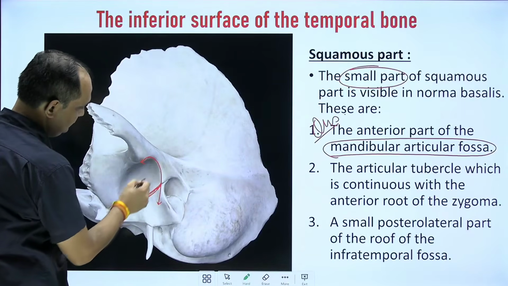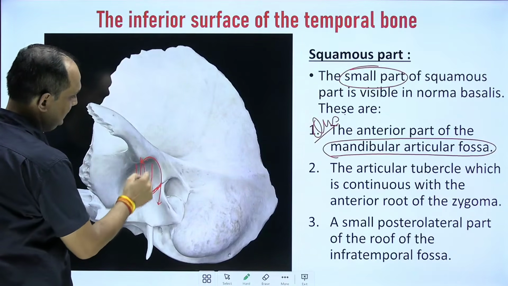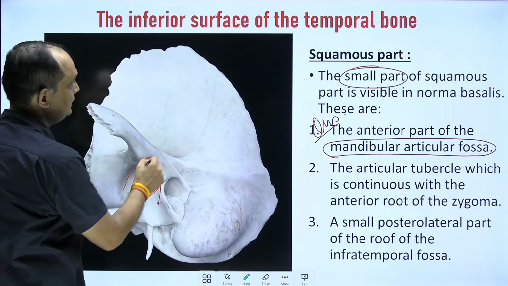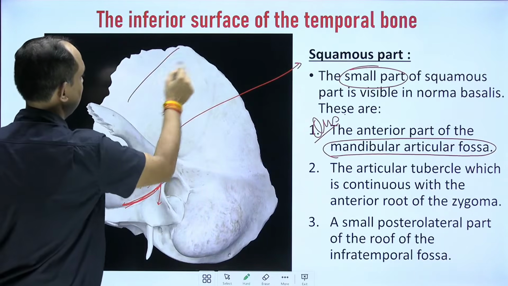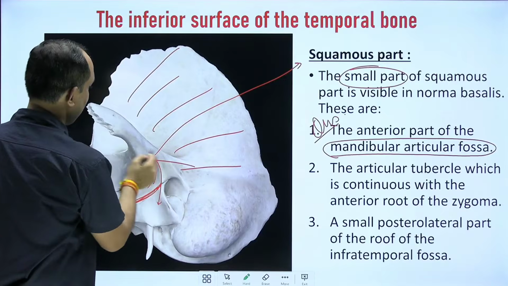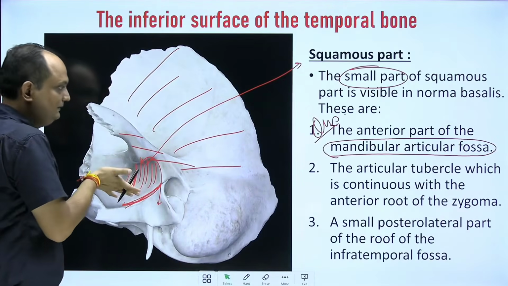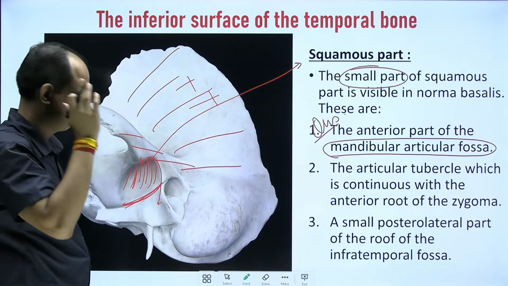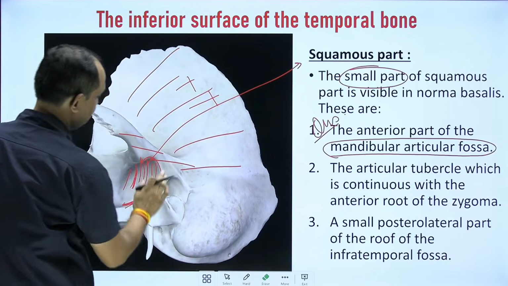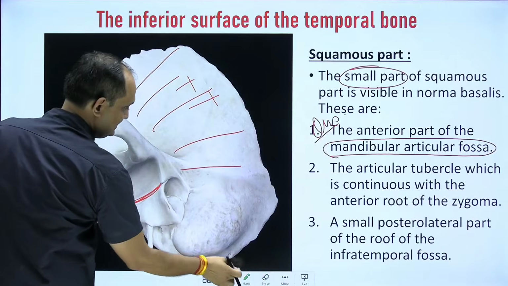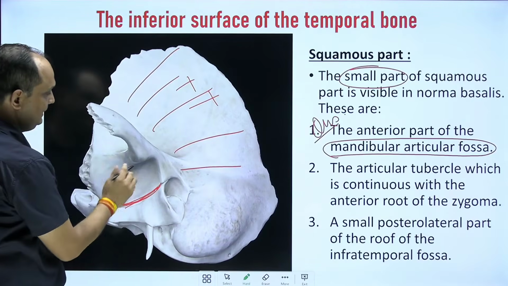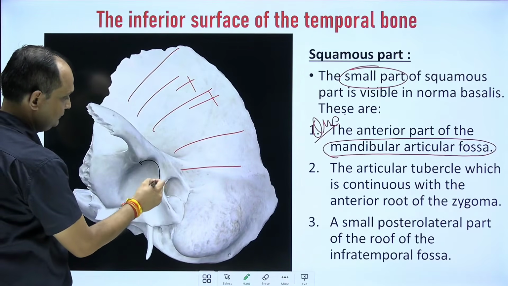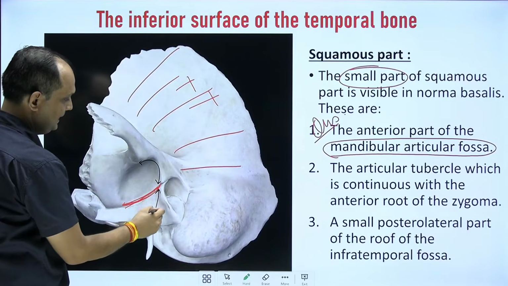Anterior to this fissure, this whole area is part of the squamous part of the temporal bone. But when we talk about the norma basalis, we are not talking about the part visible in norma lateralis. You have to understand this concept: when you see the base, in this base the mandibular fossa is divided into two parts by a fissure.